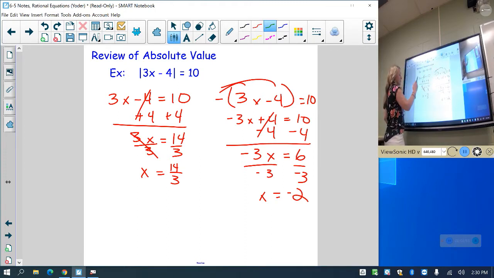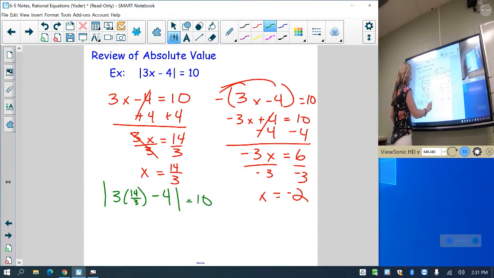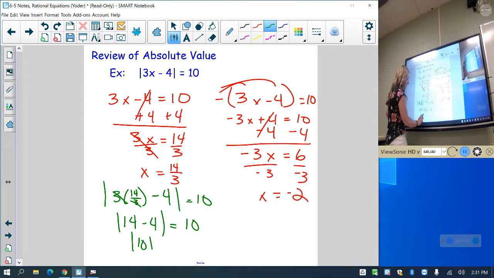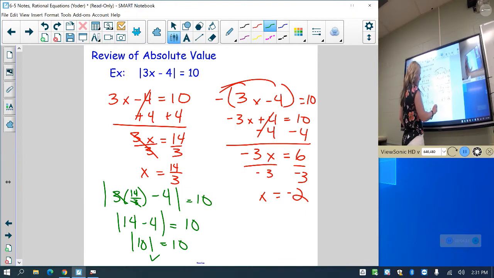So we're going to take 14/3 and plug it back in. This just cancels. I have 14 minus 4 equals 10, which gives me the absolute value of 10 equals 10, which is true because 10 equals 10. When I plug negative 2 in, I get the absolute value of 3 times negative 2 minus 4 equals 10.